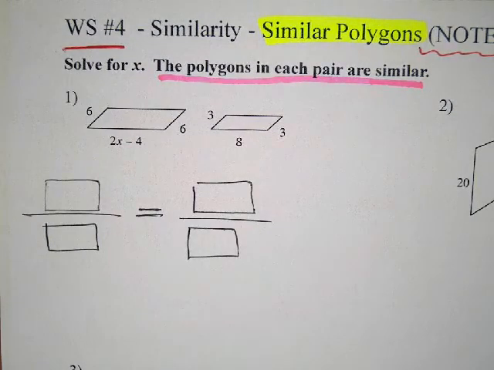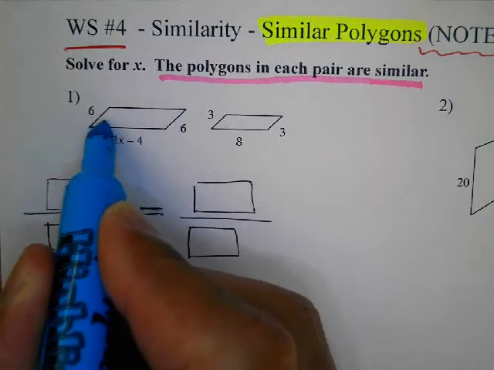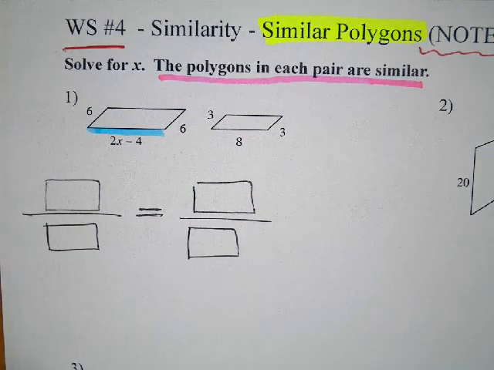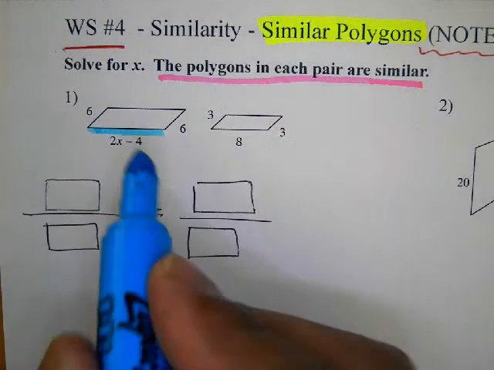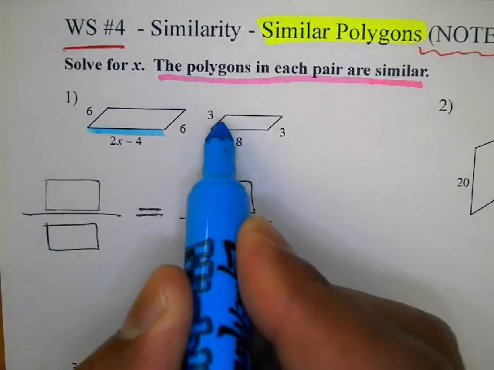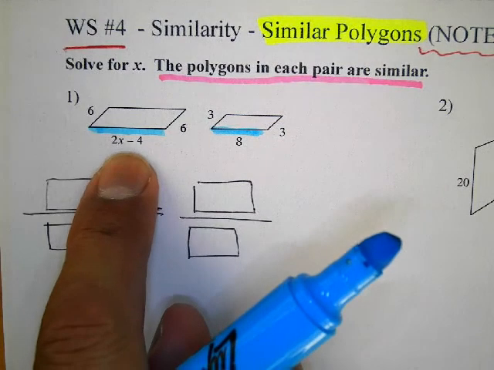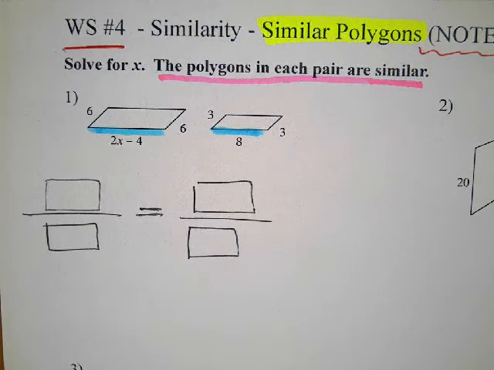I want you to keep doing this practice where I highlight or use a different color or a pen, or make it darker with your pencil: this side corresponds to this side. Obviously start with the side that has the expression or the X, the unknown that we need to solve.